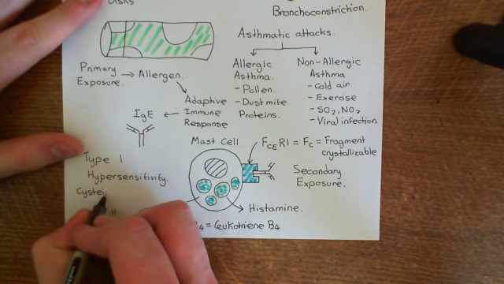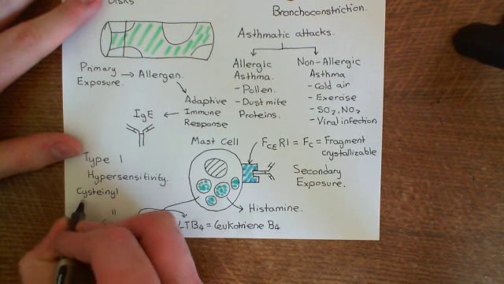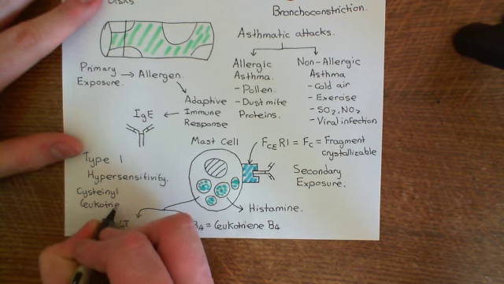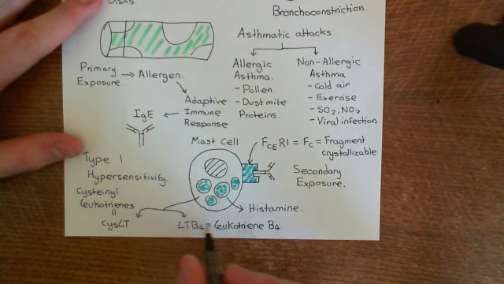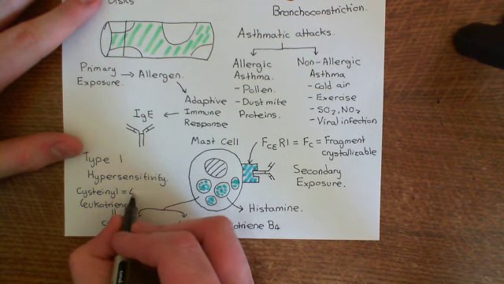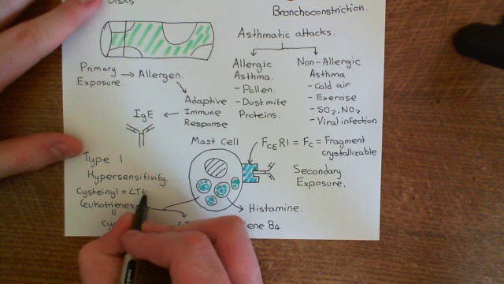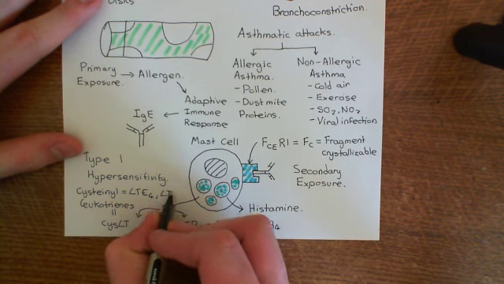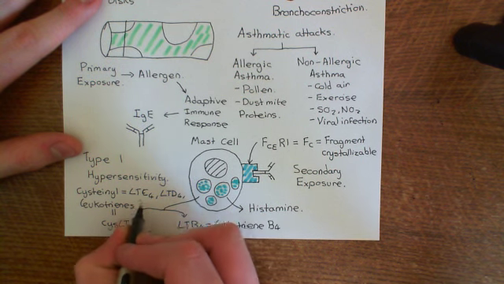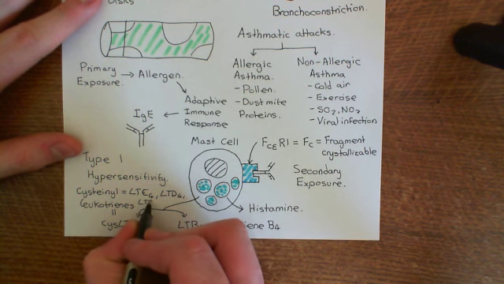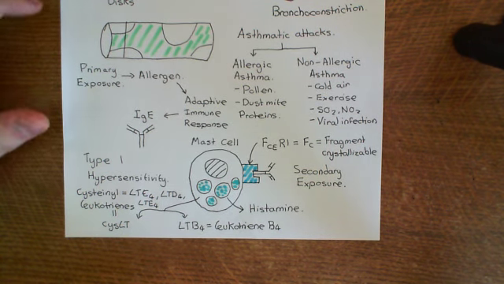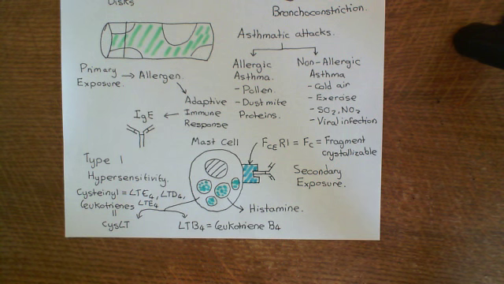Now, there are many different leukotrienes that would all be considered cystinyl leukotrienes. Okay, so there are 3 specifically. So leukotriene C4 is a cystinyl leukotriene. Leukotriene D4 is a cystinyl leukotriene, and leukotriene E4 is also a cystinyl leukotriene. So there are these 3 separate leukotrienes which are all considered cystinyl leukotrienes.